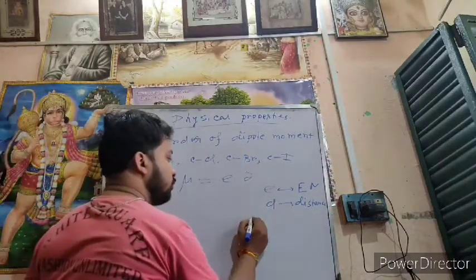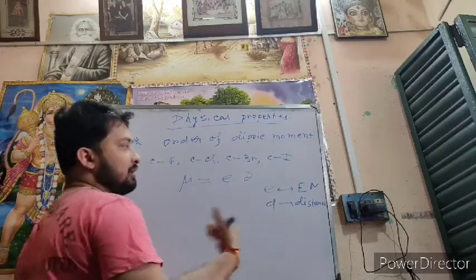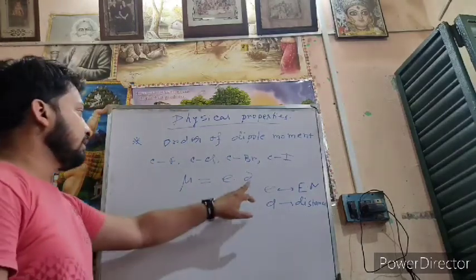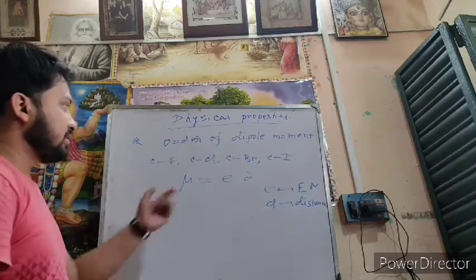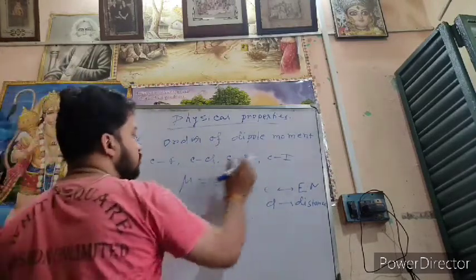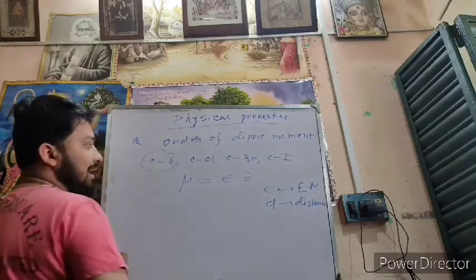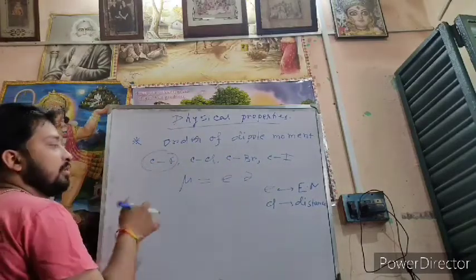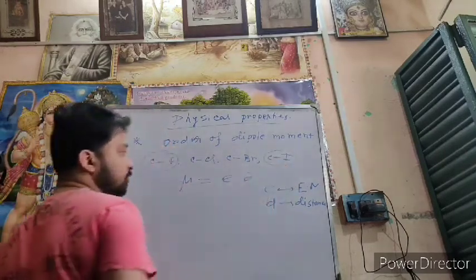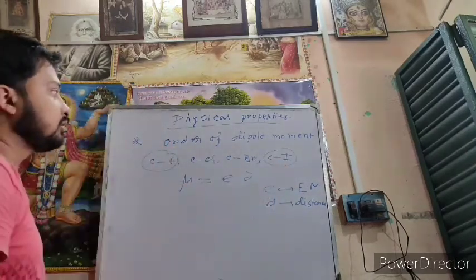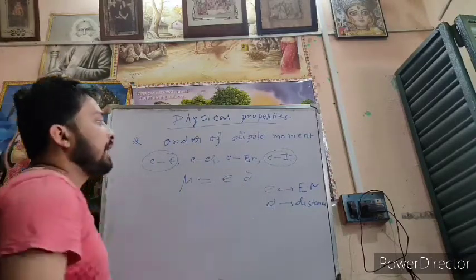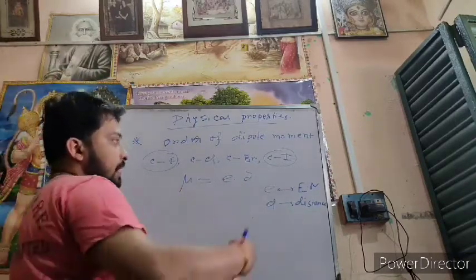Therefore, with the increasing of electronegativity, mu is increasing. With the increasing of distance, mu is increasing. There is a problem, because electronegativity of this compound is high, but the distance of this compound is low. Electronegativity of this compound is low, but the distance between carbon and iodine is very high.